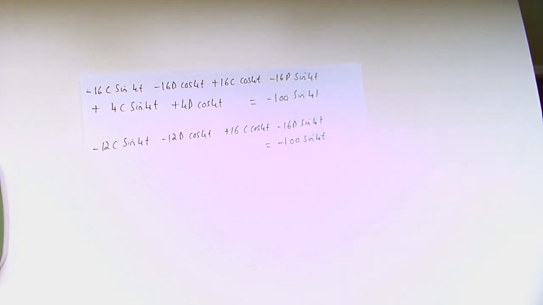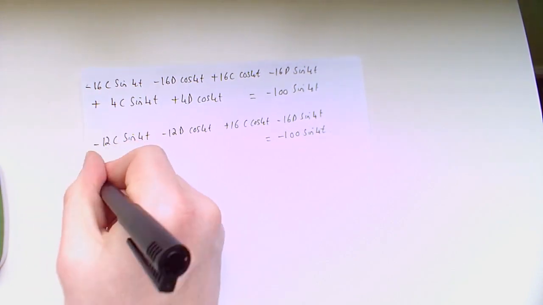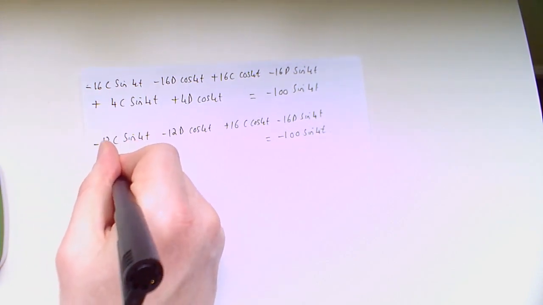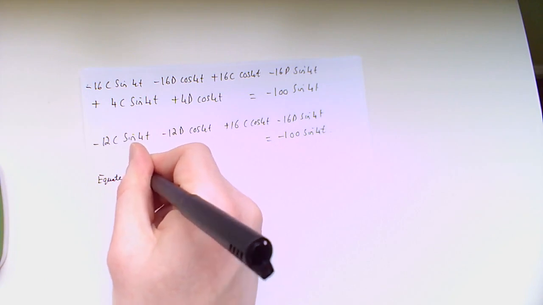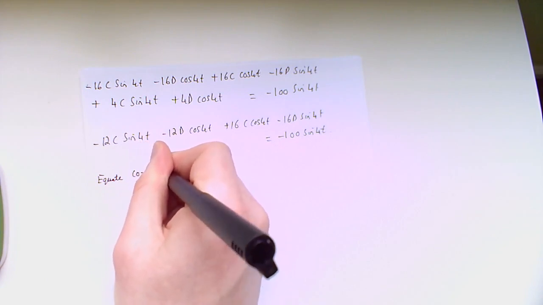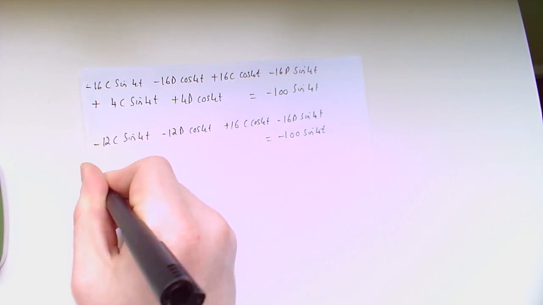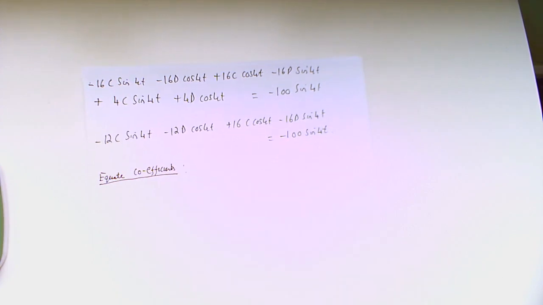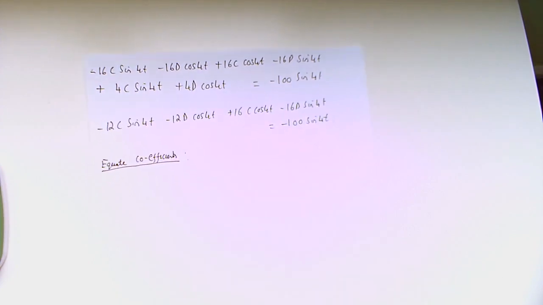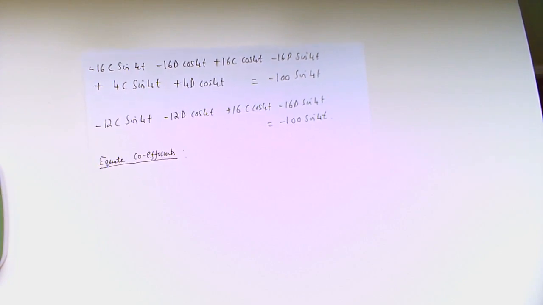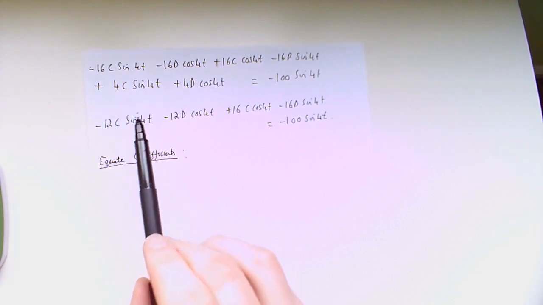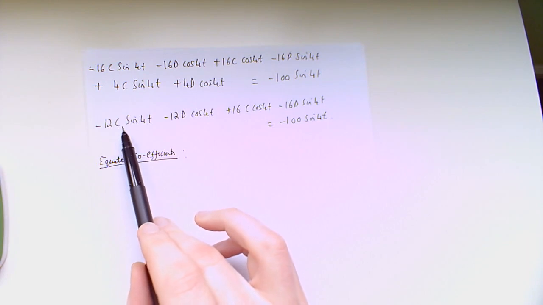Now again we're going to equate coefficients, but it looks a lot different to the equation we were equating earlier with x squareds, x's and numbers. But again, look at what your numbers and letters are in front of.